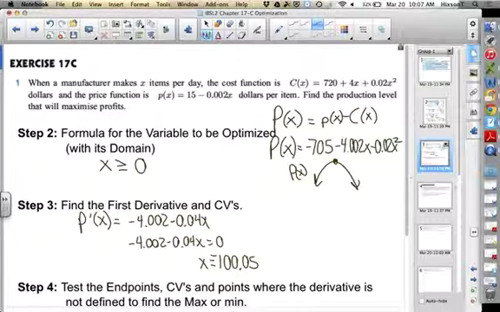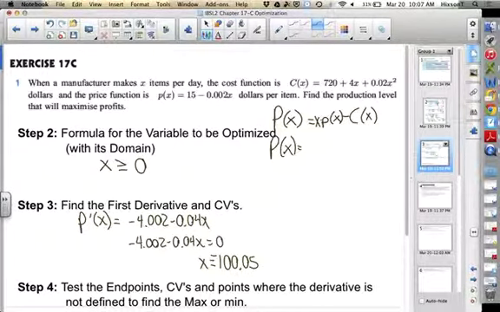So actually when we did this, we should have taken the price per item times the number of items. So they intentionally made it annoying. So let's take a step back and figure out our function again. Do you guys get that? This is dollars per item. This is overall cost for producing everything.